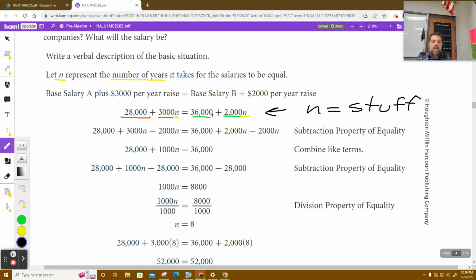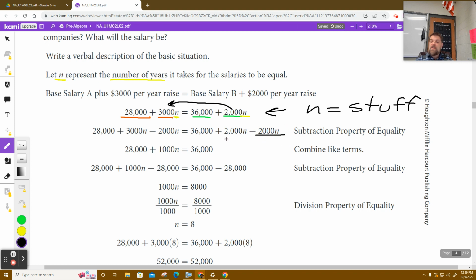So the first thing you want to do is use the subtraction property. They chose to move this n over to the other side. They chose the lowest value of n. What's lower, 3,000n or 2,000n? 2,000. And since the 2,000n is being added to the equation, they opted to subtract 2,000n.